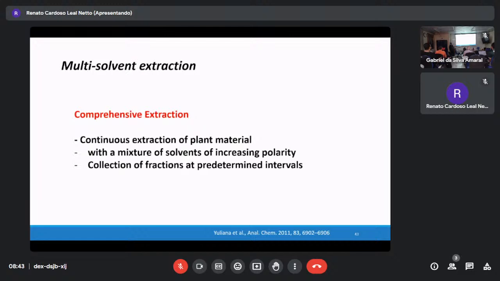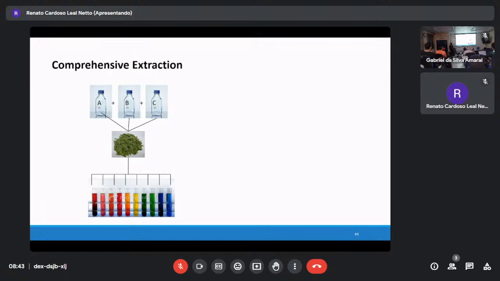We did this some 10 years ago: comprehensive, continuous extraction of plant material with a series of solvents of increasing polarity. For example, instead of extracting with one solvent at one time, I put the plant powder into an empty HPLC column, start with hexane, then acetone, and then methanol.